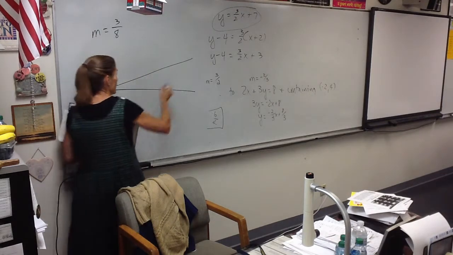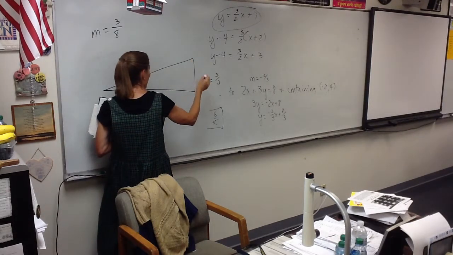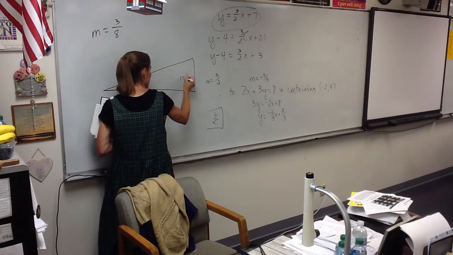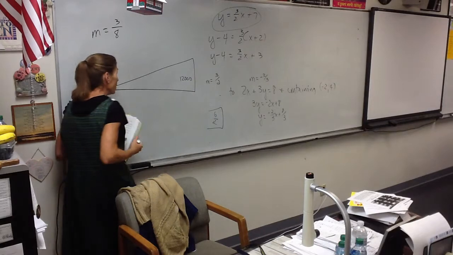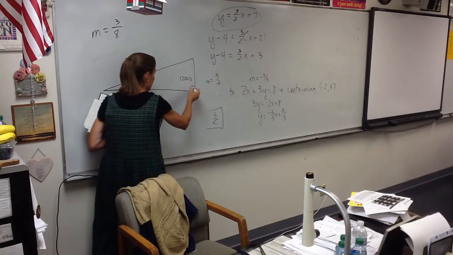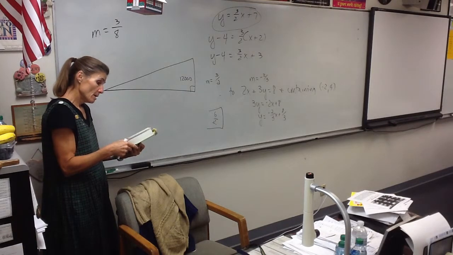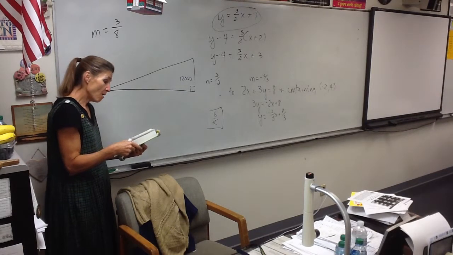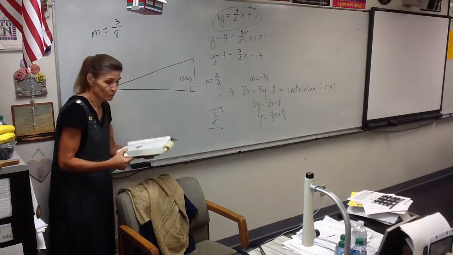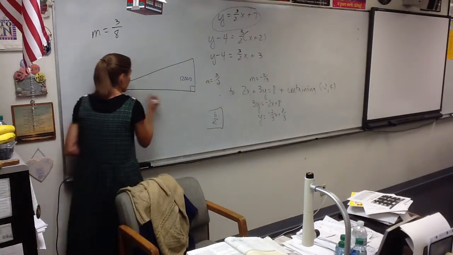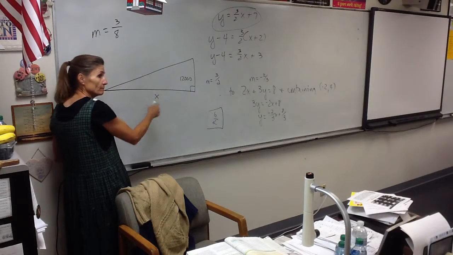We know this height right here is 12,000. They tell me that the plane is up 12,000 feet. How far in the horizontal direction will the airplane fly? So we are looking for this distance right here.